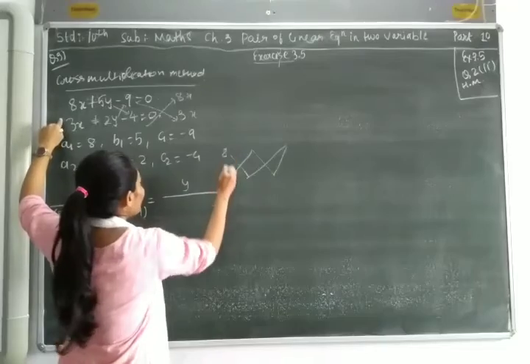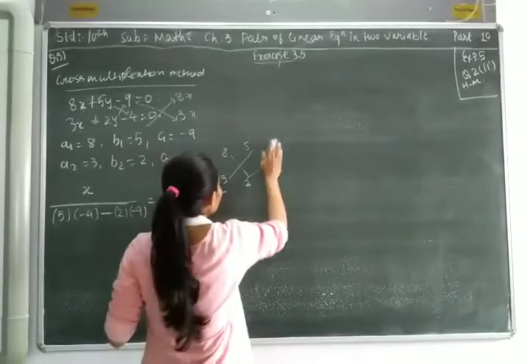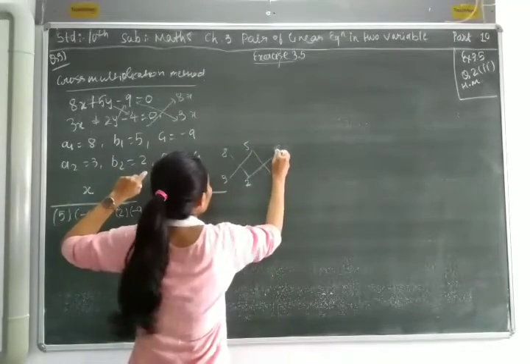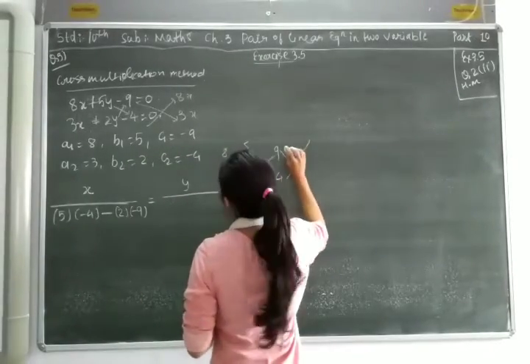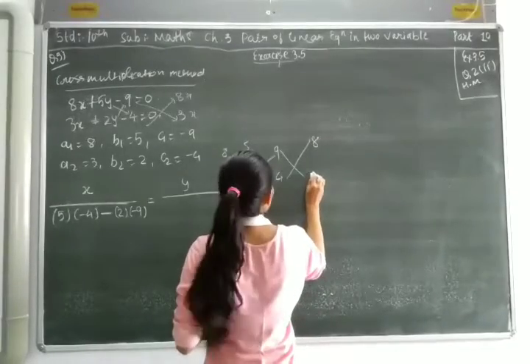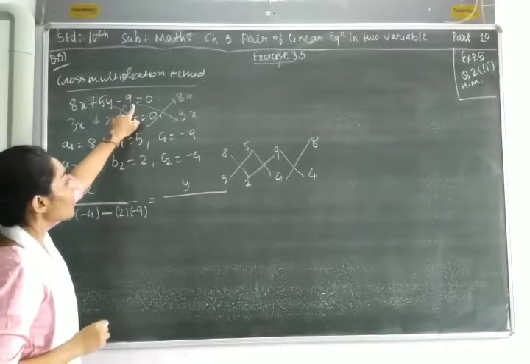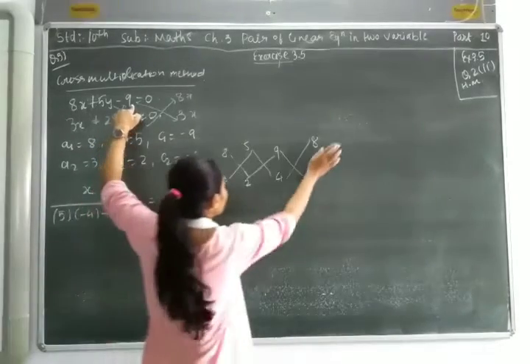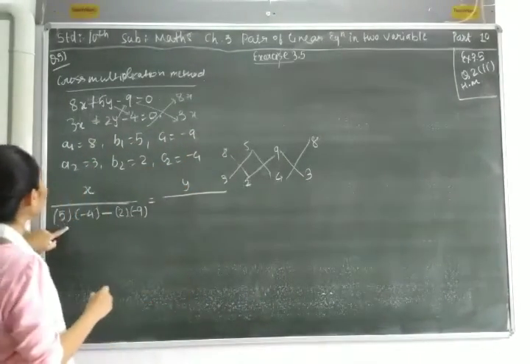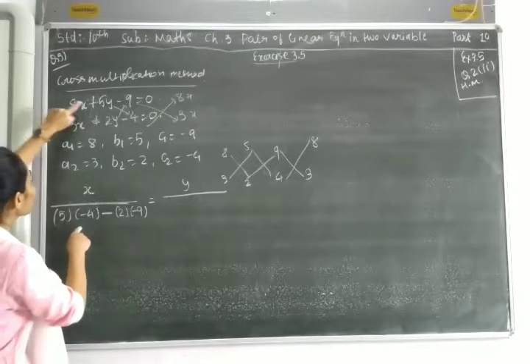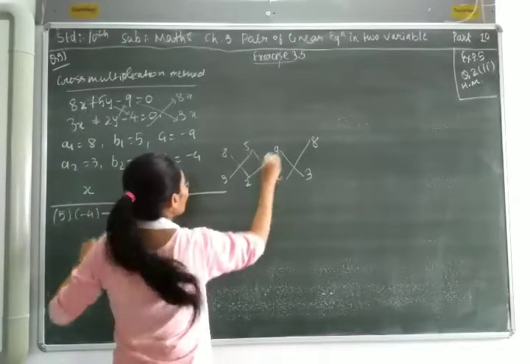So here is 8 and 3, 5 and 2, 9 and 4. Again over here, that is 8 and 4. So this way, it should start from 8 and 3 over here. This one is the coefficient. So here we write 8 and 5 and minus 4, 5 and minus 4 and 2 and minus 9.